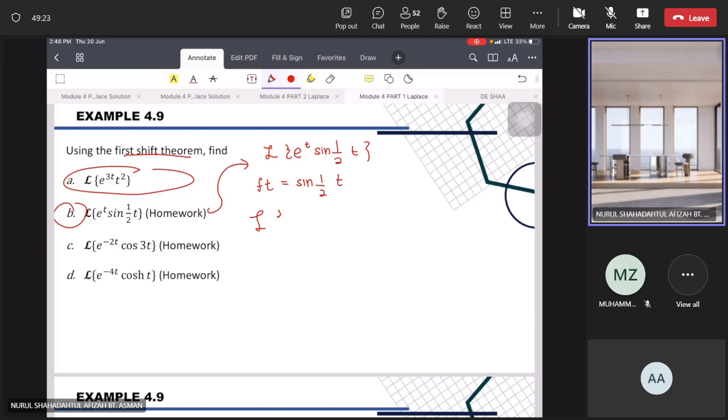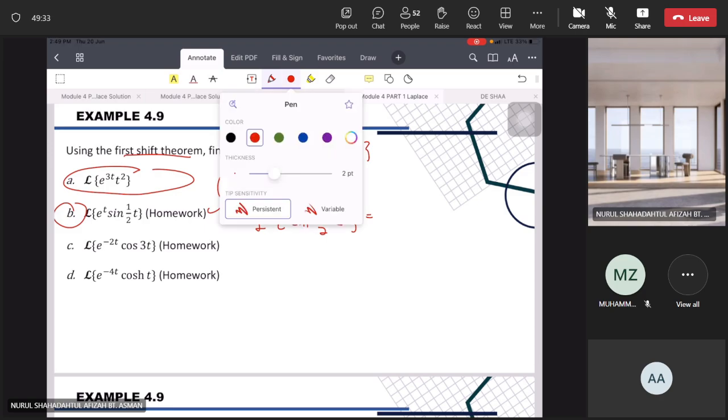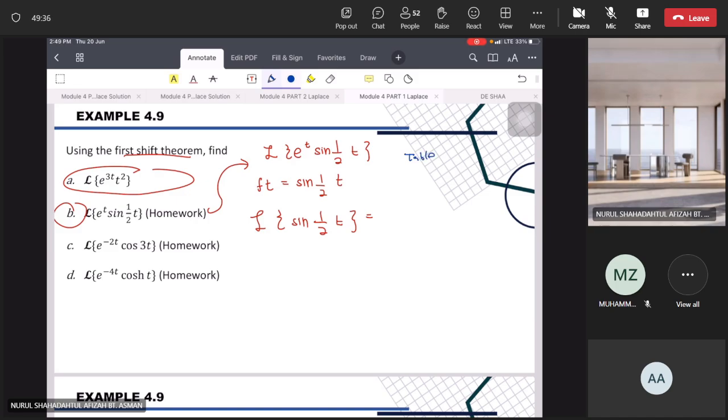So this one you refer to the table. Just replace the a with 1/2.